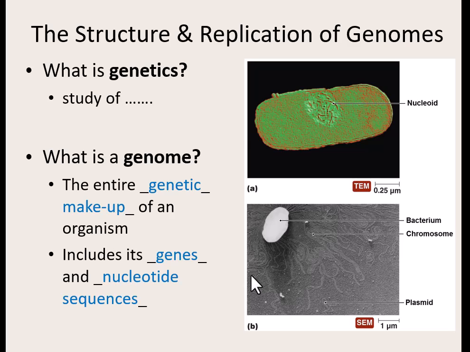Meaning your genetic code, your DNA, your sequence of A's, T's, C's, and G's, they control various genes. Those genes can get passed on, meaning they're inheritable, and we have all these different features about us.